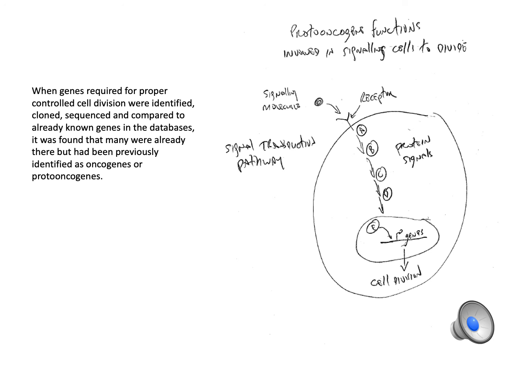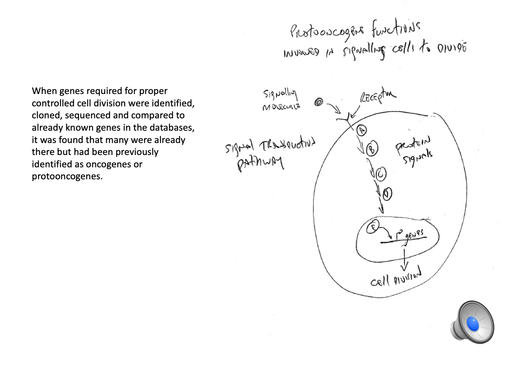So the signaling molecule will bind to the receptor, and what happens is the receptor sends a signal into the cell. And these signals are ultimately transported into the nucleus in order to turn on genes that are required for cell division. And what people have found is that the signaling pathway involves the interaction of a number of different proteins that eventually make their way into the nucleus.